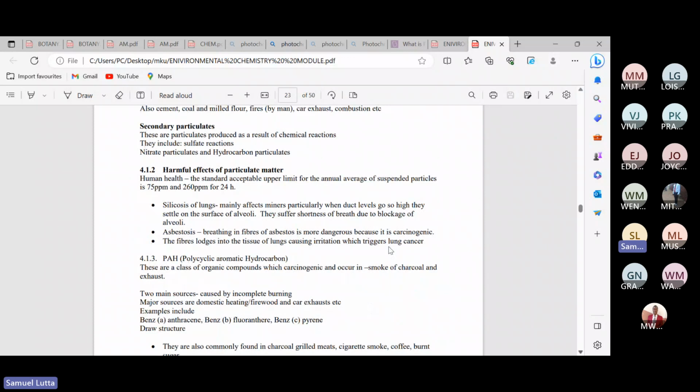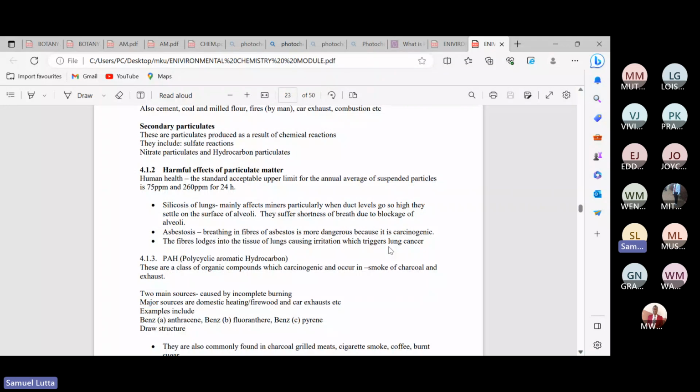When they are deposited on the surface of the lungs, they'll interfere with the diffusion of gases in and out of the lungs, and this is likely to affect the breathing. So you'll find some people suffer from shortness of breath due to the blockage of the alveoli, which I've just said are responsible for gaseous exchange.